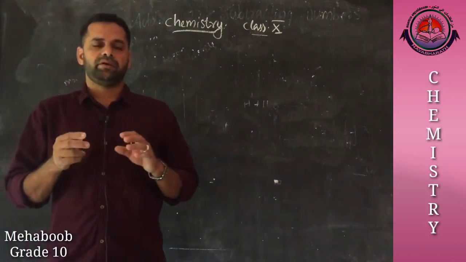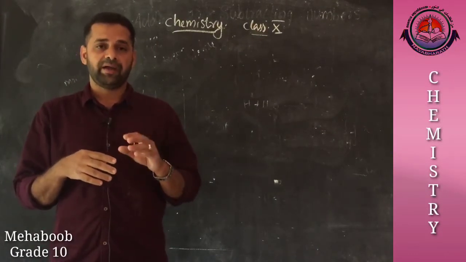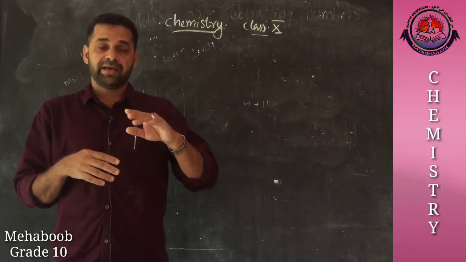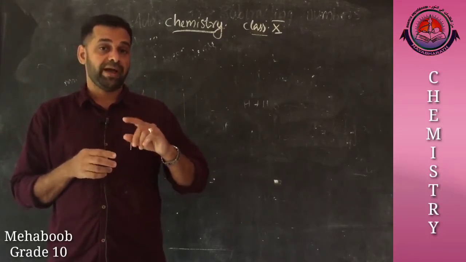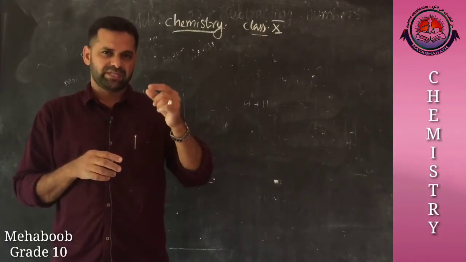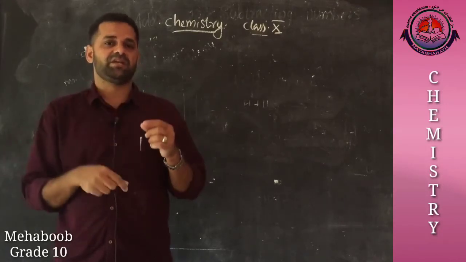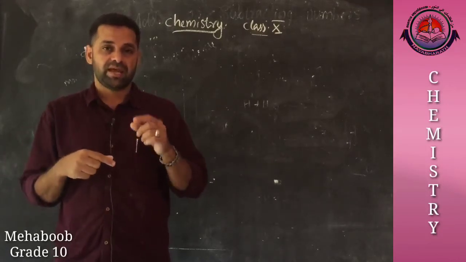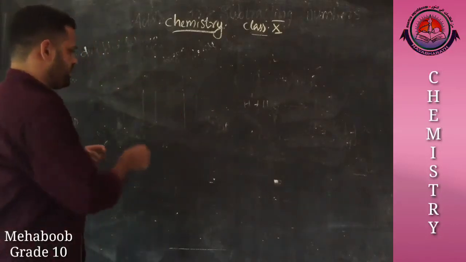When we dilute an acid, we have to add acid to water, not water to acid. We have to add acid to water through the sides of the container with constant stirring. Acid to water, not water to acid. Why?